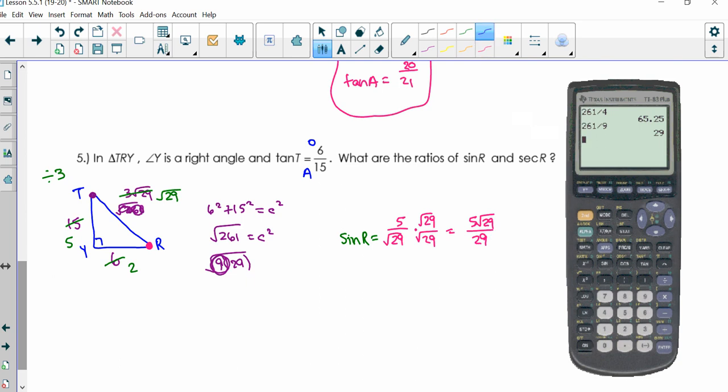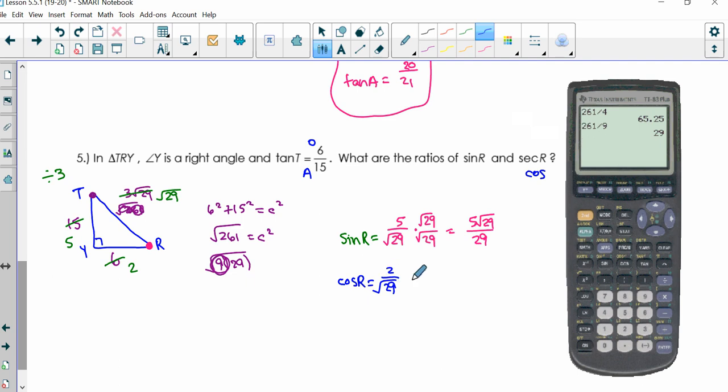Okay, I'm going to do secant. And when I think about secant, I don't usually memorize secant, but I do know that secant goes with cosines. Remember, S's and C's go together. So that means I'm going to actually do cosine of R. So cosine would be my adjacent, which would be 2, over my hypotenuse, which would be square root of 29.